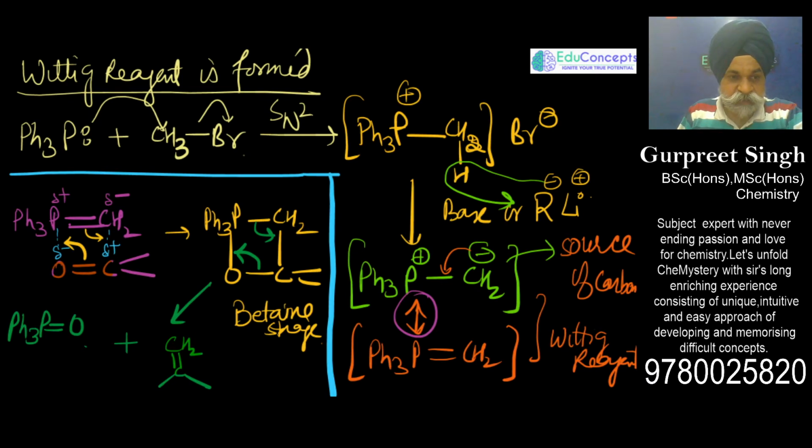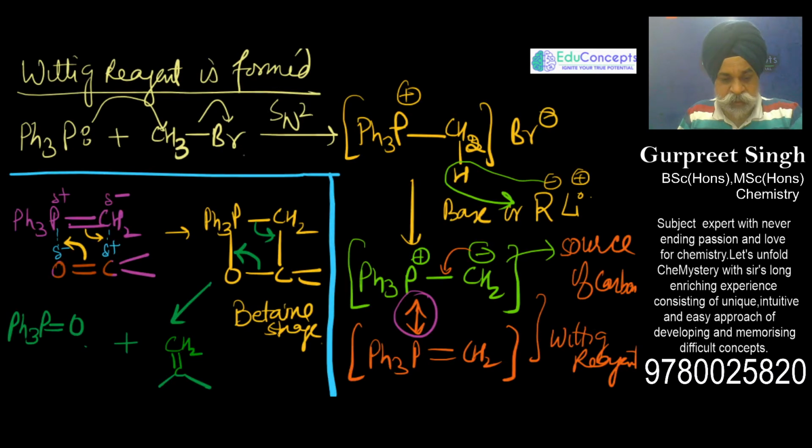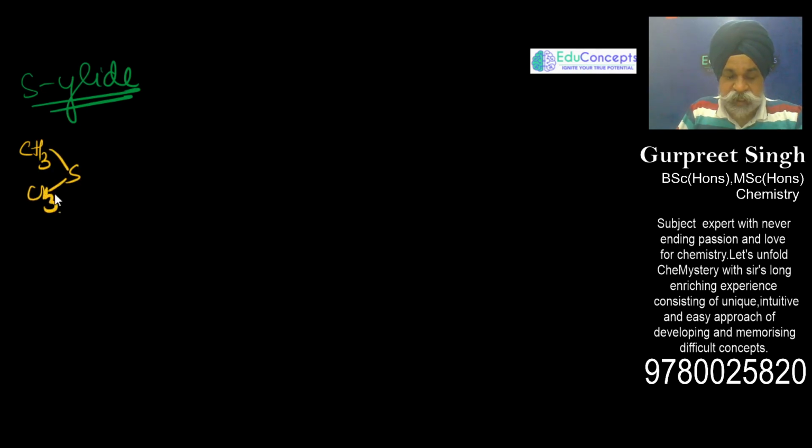Similarly, if I create a system like this, you could have a sulfur halide also. There is one difference in the case of sulfur halide. What does this sulfur halide do? On similar lines, take dimethyl sulfide being treated with alkyl halide.